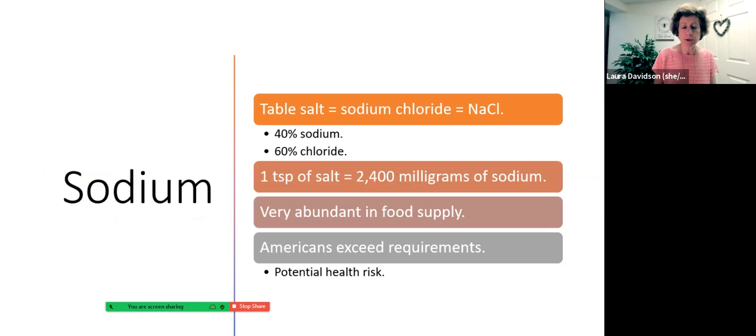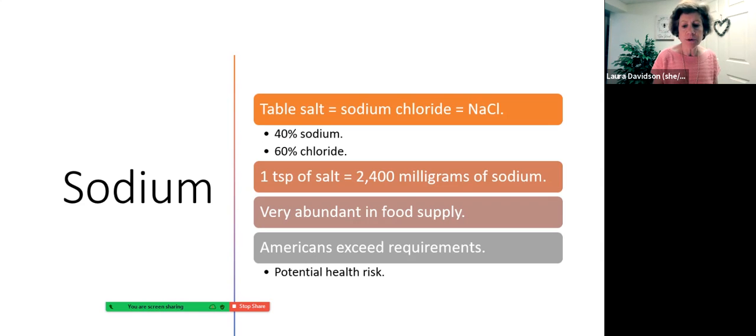We'll start with sodium. Sodium is 40% of table salt, which is sodium chloride. A teaspoon of table salt is a little bit more than the sodium allowance or limit for the day. We talk about 2,300 milligrams maximum for the amount of sodium that we should consume.